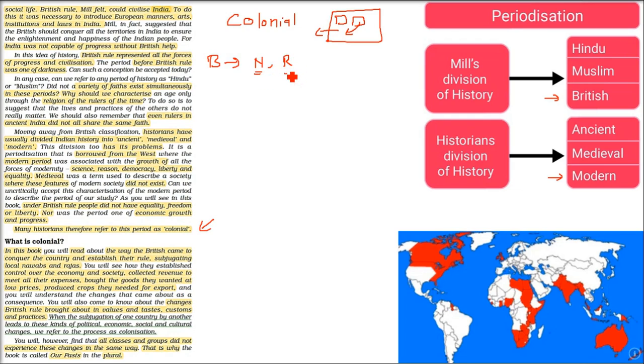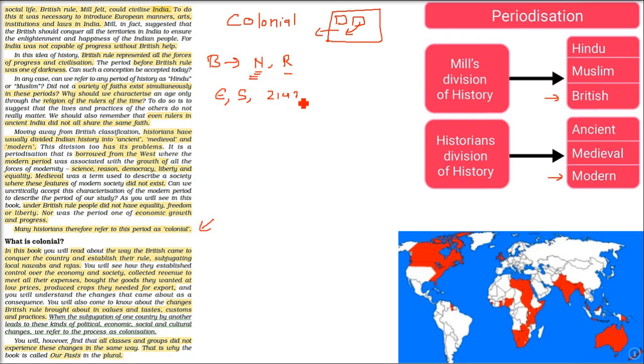They established their rule how? By subjugating, by conquering the local Nawabs and Rajas, the local kings. So the Britishers were controlling the economy and society, not only in India, but all the places I am showing you.